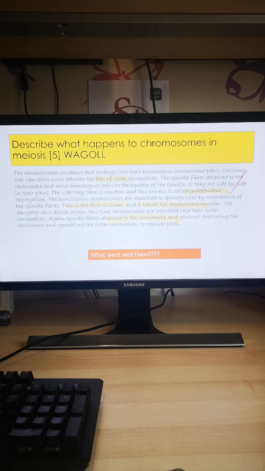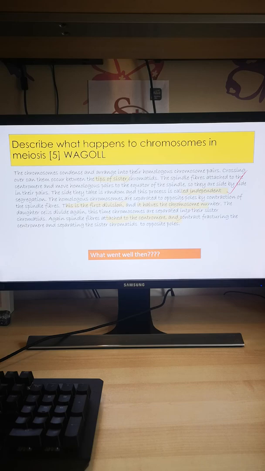They got a mark point for saying that homologous chromosomes were separated in the first division, and that therefore halved the chromosome number. And they got a mark point for the detail of how the spindle fibres attached, and that the sister chromatids were pulled apart in the second division.